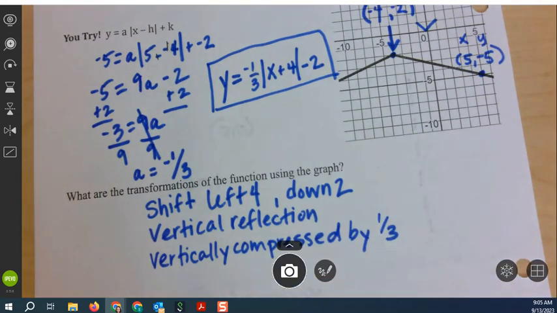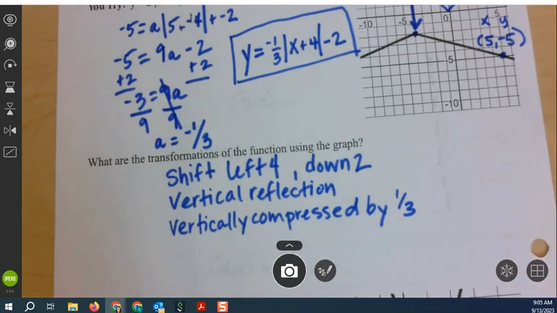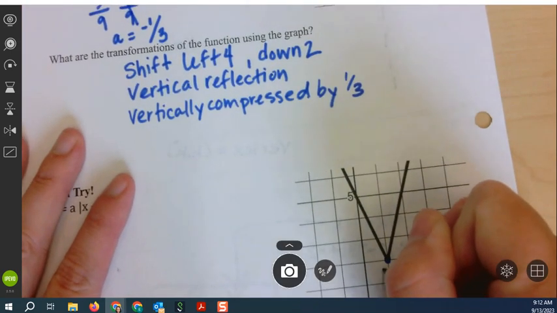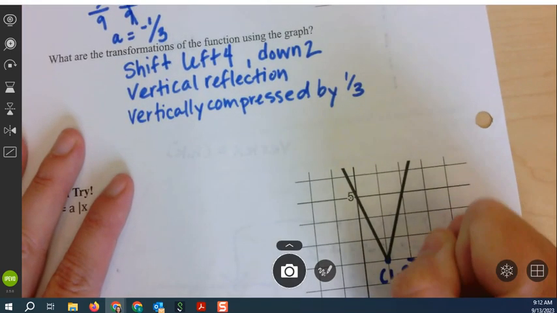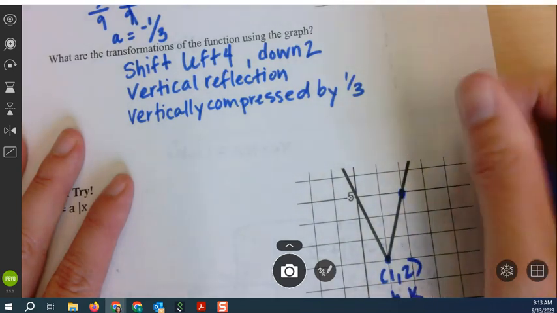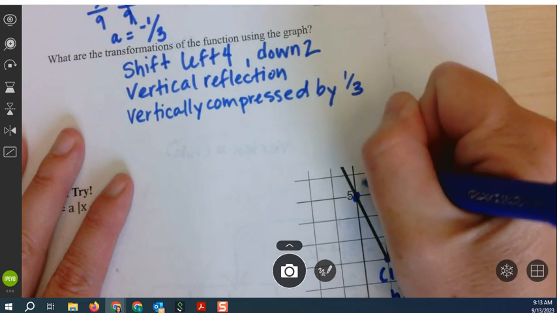Okay. All right, there's another one for you to try. Okay, here's my vertex at 1, 2. That's my h, k. And actually, most of you guys use this point right here, right?